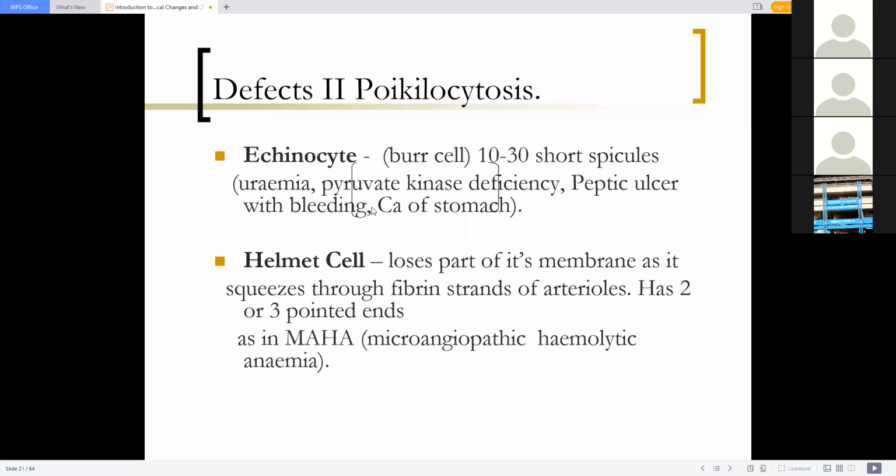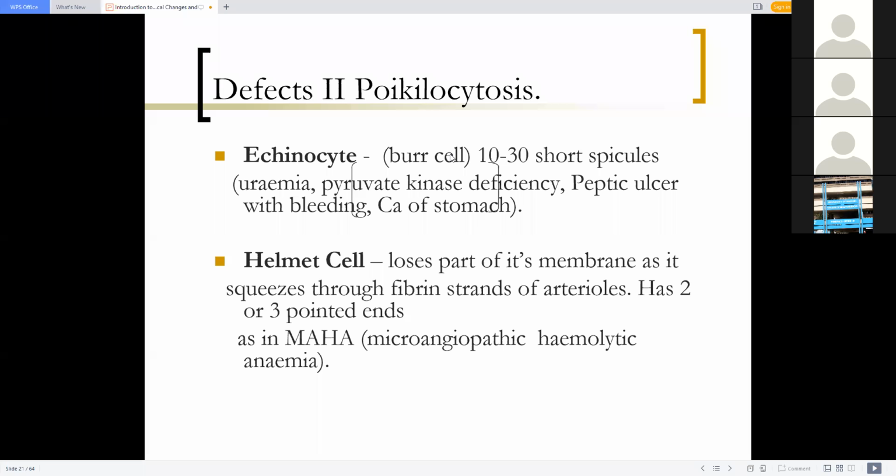So we also have echinocytes, or Burr cells, and this one has more spicules. This one has about 10 to 30. Burr cells can be seen in many conditions, like in uremia, where patients have kidney failure and they have very high urea levels in circulation.